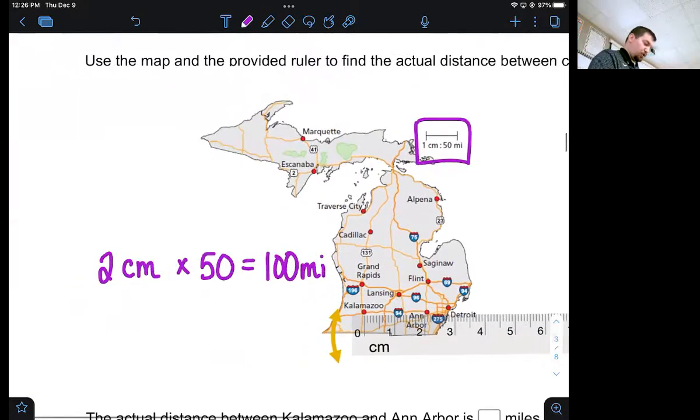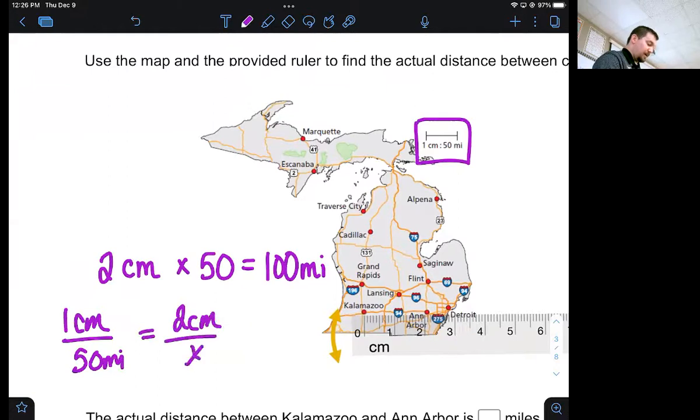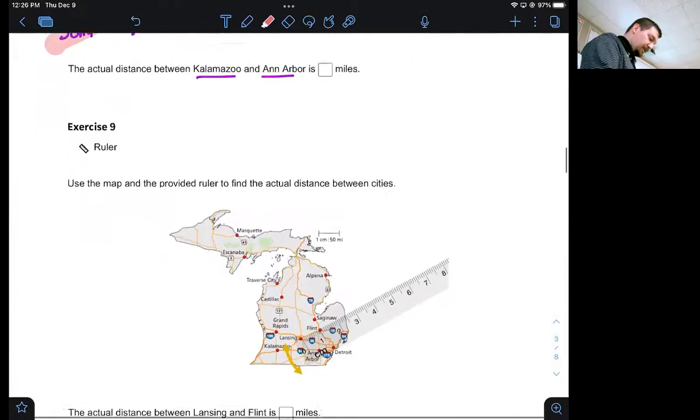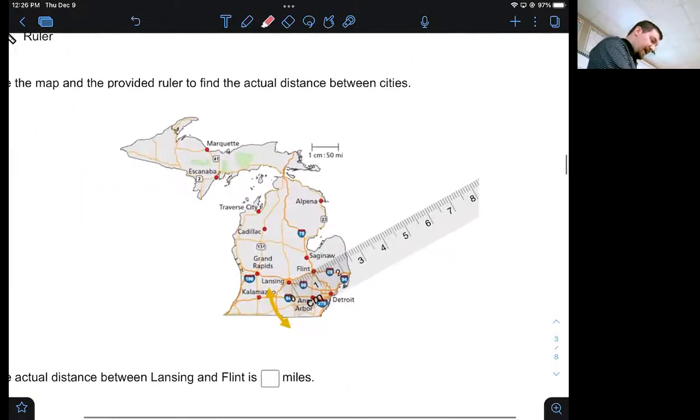And if I set up a proportion, it looks something like this: 1 centimeter, 50 miles, 2 centimeters, X miles. And I'm going to cross multiply. Of course, 1 times X is X, and there's the 2 times 50 that Maddox just did. So ultimately, we are just timesing by 50 here. So if you just want to write 2 times 50, that's fine. Okay, number 9, the distance between Lansing and Flint.